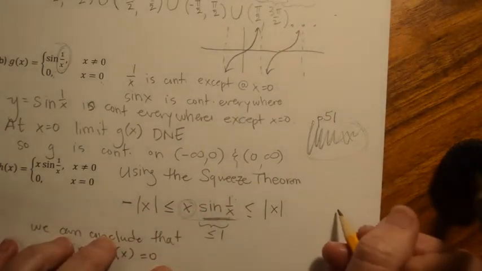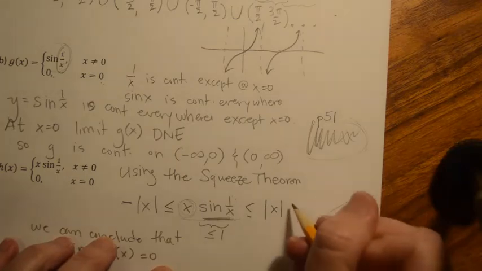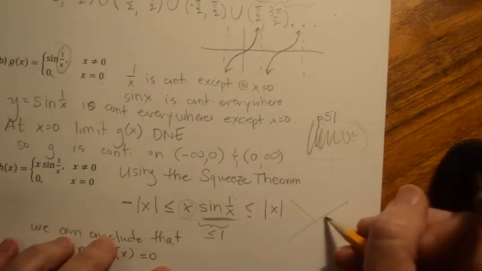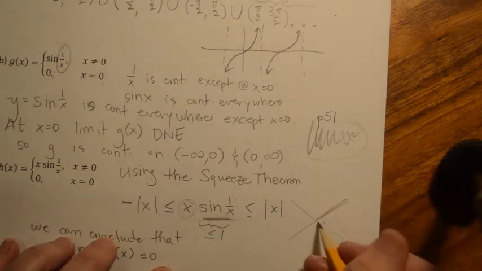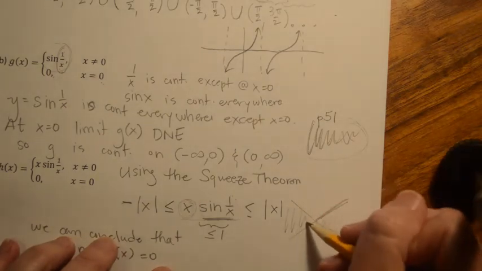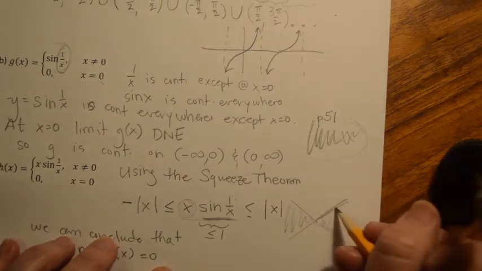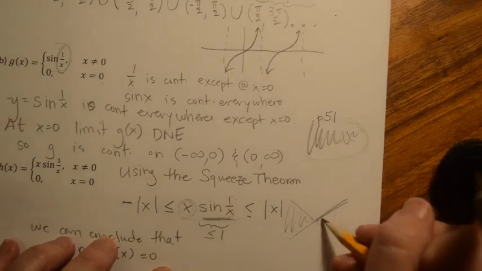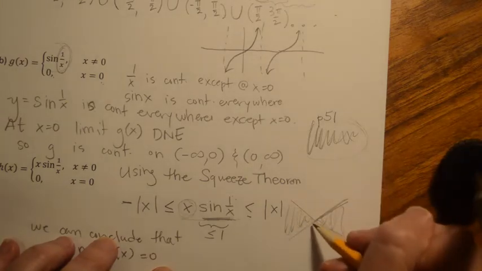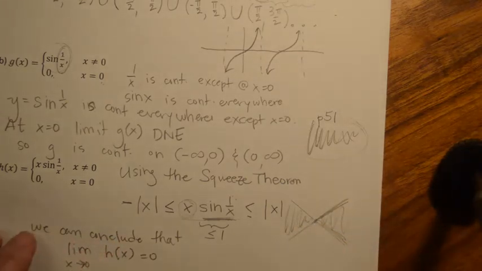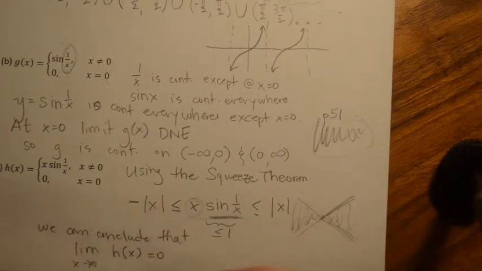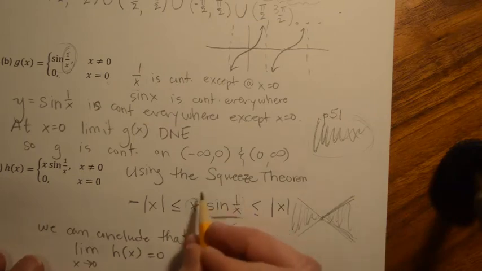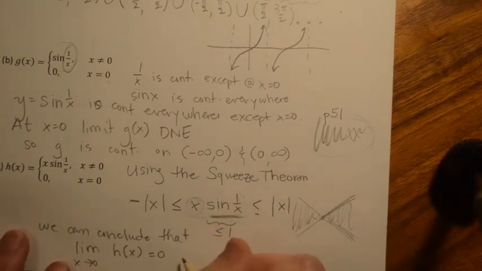So essentially we've got kind of this idea that our sine function is going to be somewhere here. It's bounded above by absolute value of x. It's bounded below by negative absolute value of x. Same thing on this side. And so since these two functions squeeze down to 0, this one that's stuck in the middle also has to squeeze into 0. Right? So we can conclude that because we've bounded it above and below by two things that go to 0, this also has to go to 0.